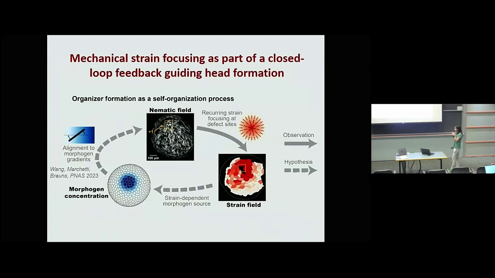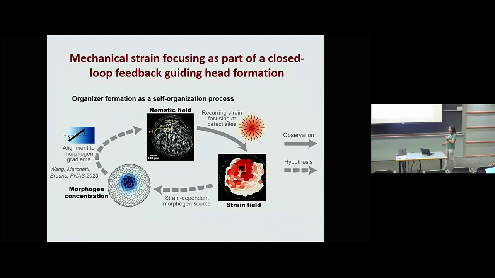The part that I've shown you today is the fact that we have these defects in the fiber organization, and these work to focus the strain in this location and undergo these large strain events. What we'd like to propose is that in response to this strain, you have a mechanosensitive process leading to production of a morphogen, or molecule, that is required for head formation.